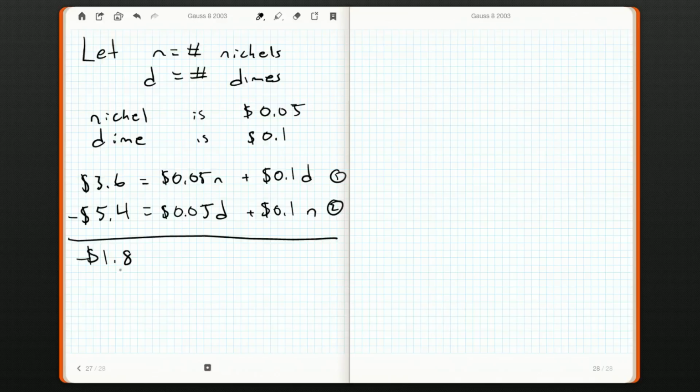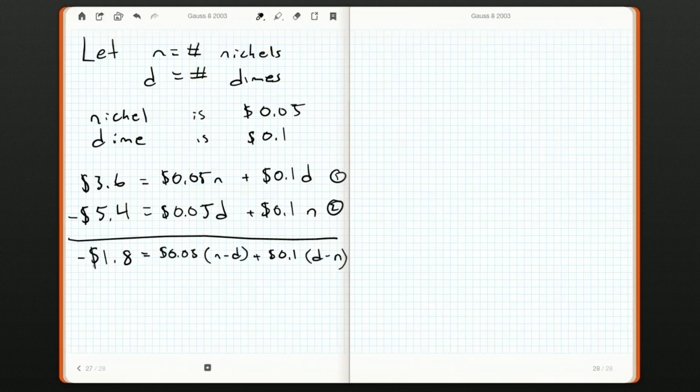So negative $1.8 is the same as, we got nickels minus dimes here, and dimes minus nickels over here. That dollar sign kind of looks a little weird. But here we've done equation 1 minus equation 2.